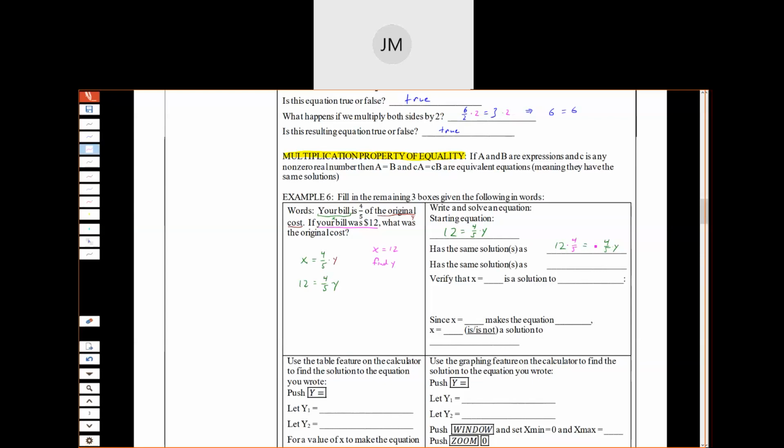Oops, I don't want to multiply by 4/5. That's not going to get me anywhere helpful. If I want 4/5 to go away, I'm going to multiply by its reciprocal. I'm going to multiply by 5/4.